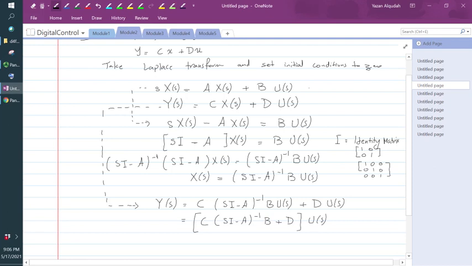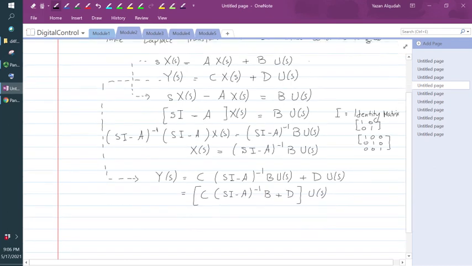So if I look here, I can express y of s over u of s, and this is equal to nothing other than c multiplied by sI minus A inverse B plus D. And this is the transfer function.